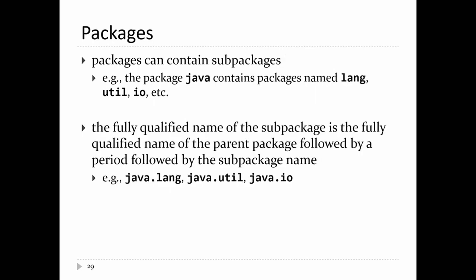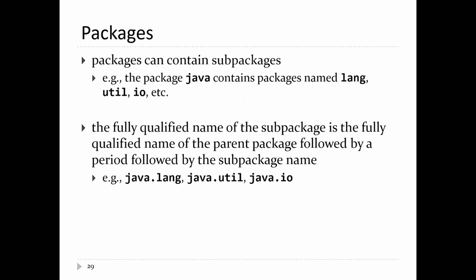A package can contain other packages. The package java contains other packages like lang, util, io, and so on. It contains a bunch of other sub-packages. A package then has two different names. A package has its own name, lang, for example, and then it has what's called the fully qualified name.